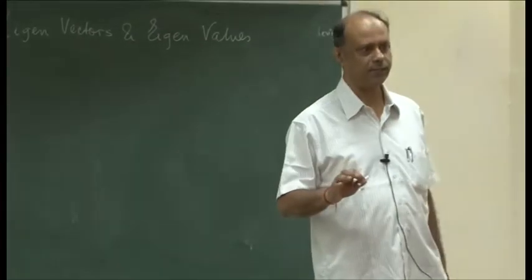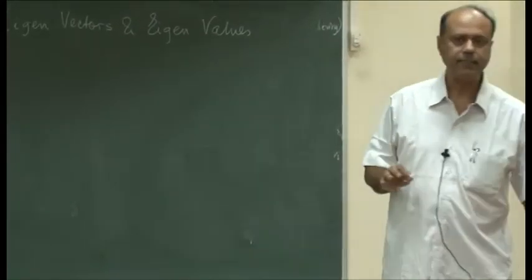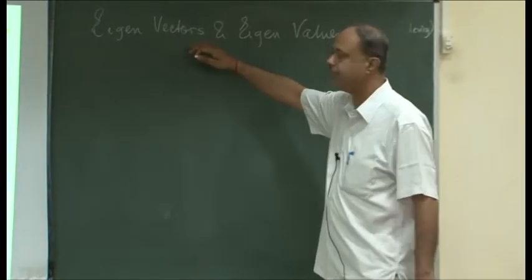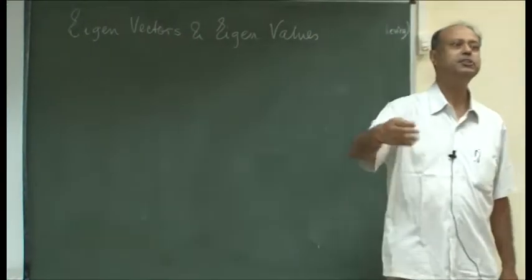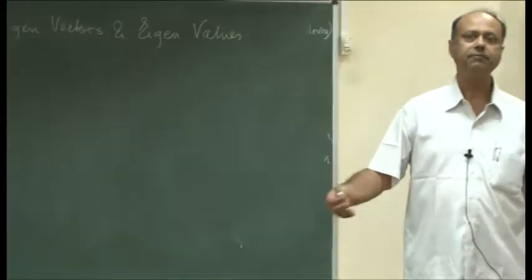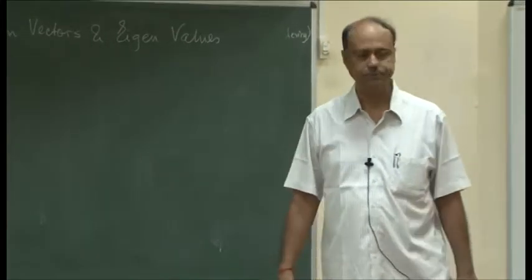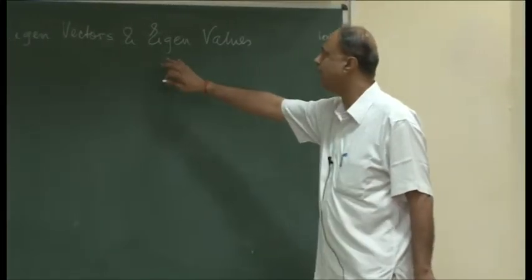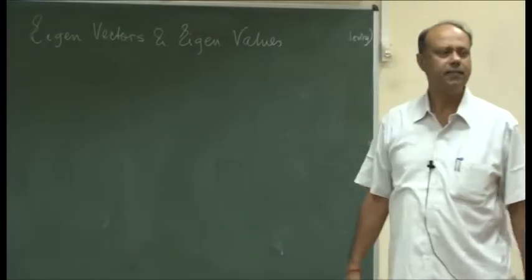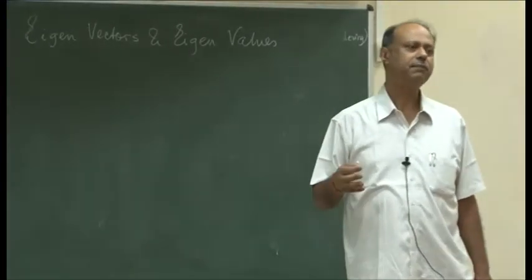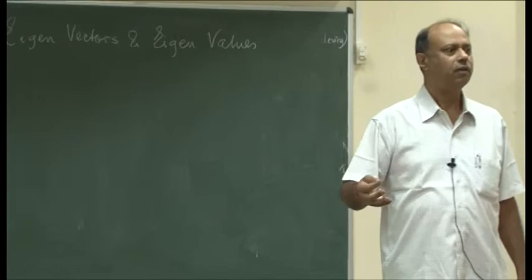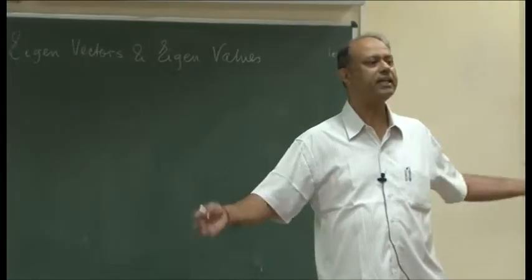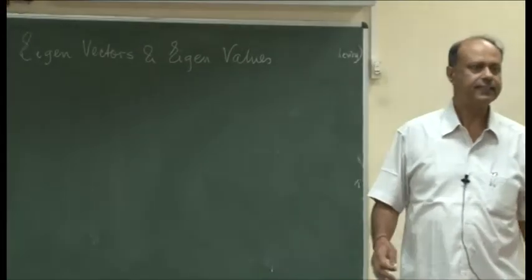You may forget the formula. Remember why I need that: it is required not only for biometrics, you may require this in the future also. Now, these eigenvectors and eigenvalues basically depend on some transformation that gives you another vector. That is the thing.